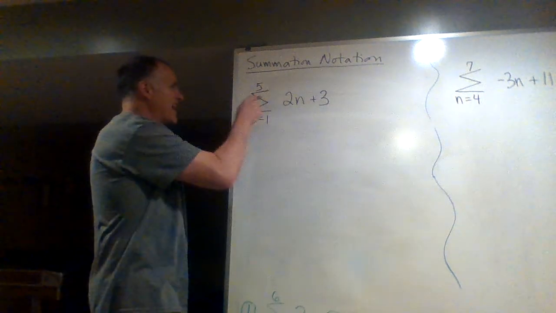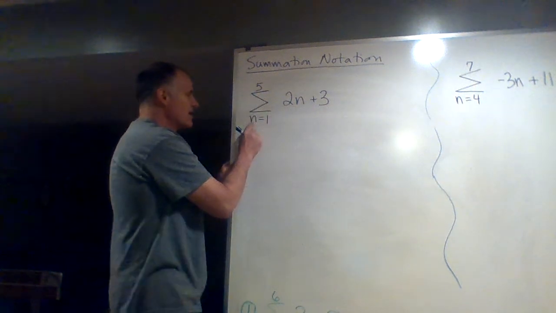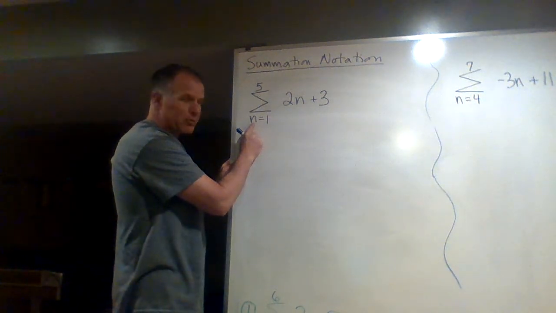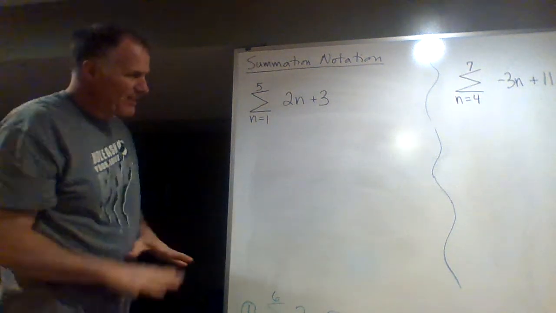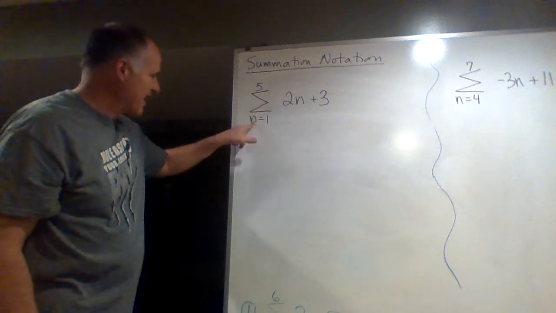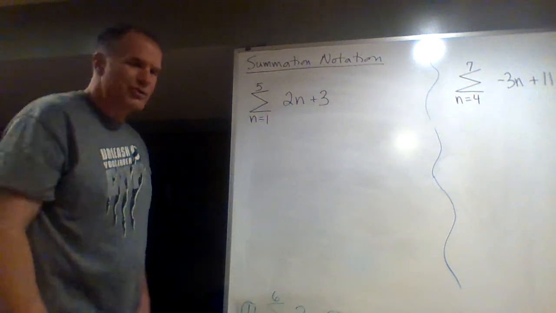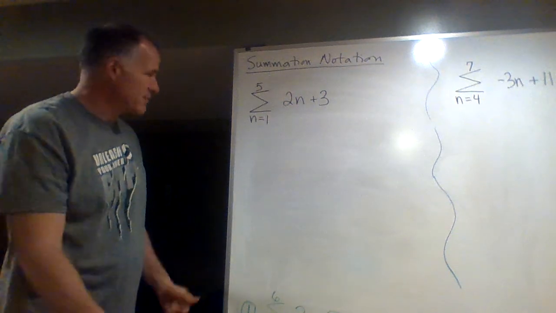So this is saying we're going to sum up numbers for our input. n is our variable. Now, you could have an x here, it could be an a, it could really be any variable, but we're just going to use n for this class. It's not a big deal.